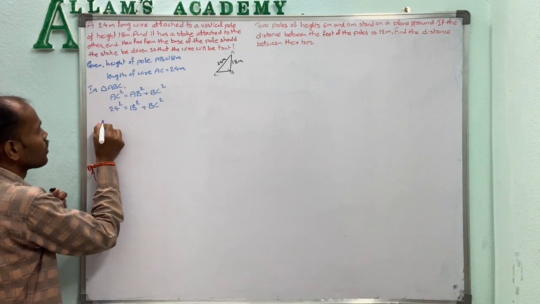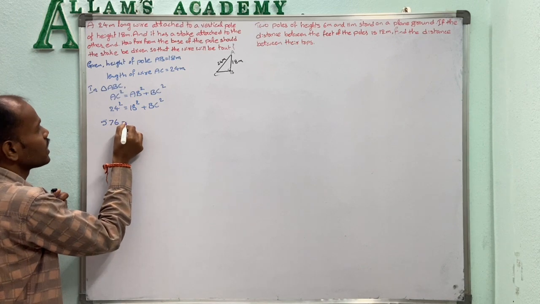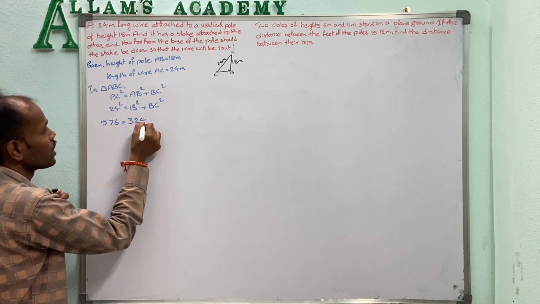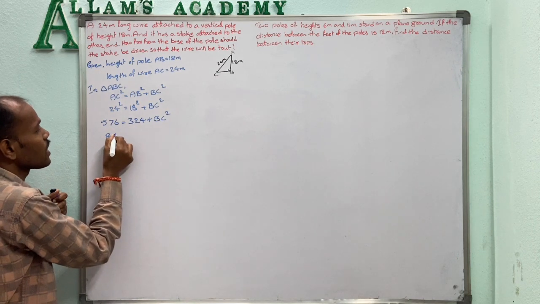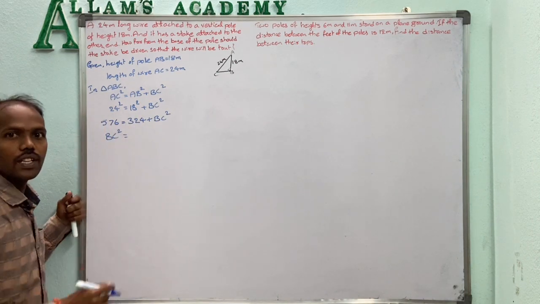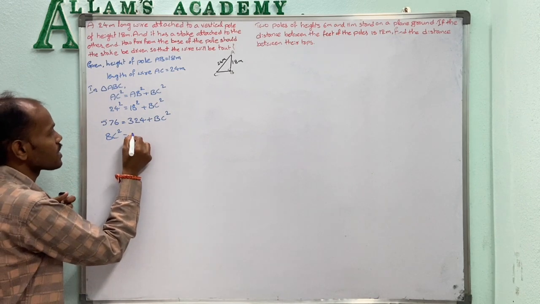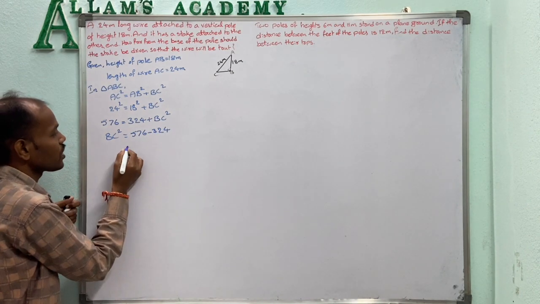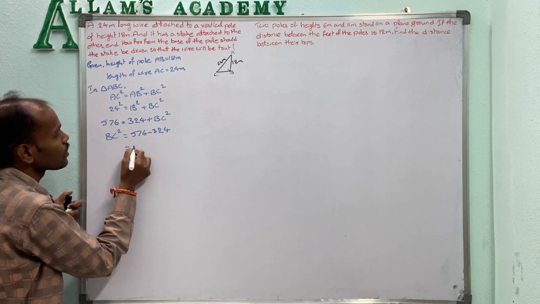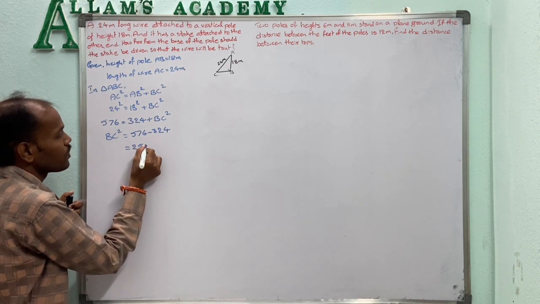24 square equals 576, 18 square equals 324, plus BC square. Now BC square equals, transferring 324 to that side, minus. So 576 minus 324 equals 252.